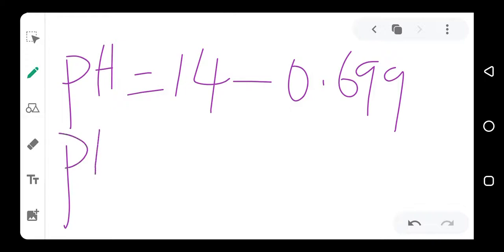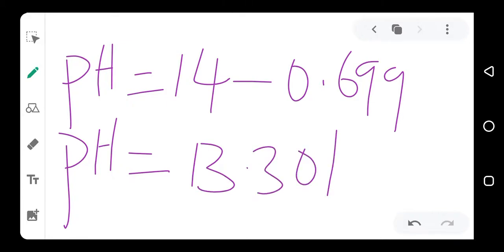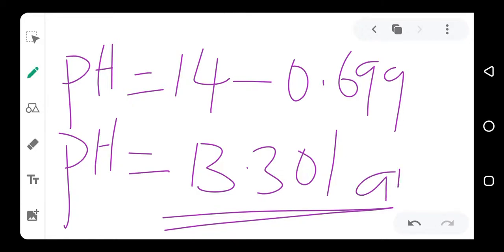So we have that pH is equal to 14 minus 0.699. Therefore, our pH is now equal to 13.301. So this is the final answer.